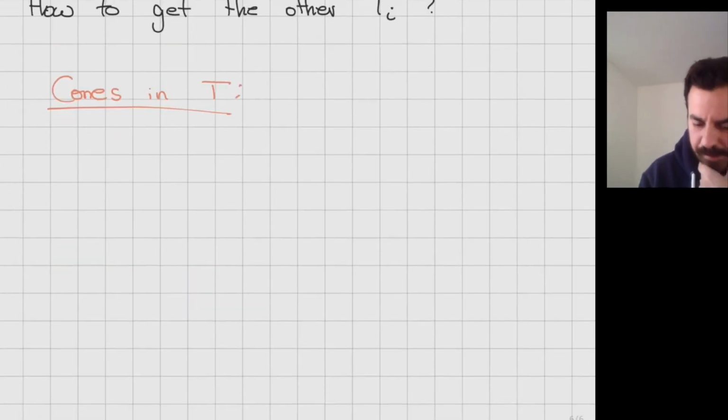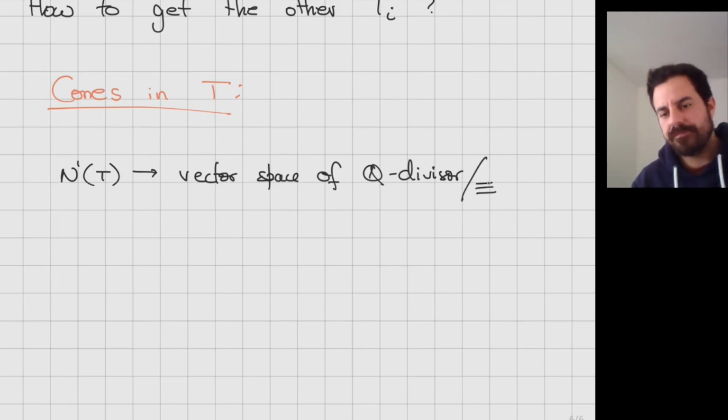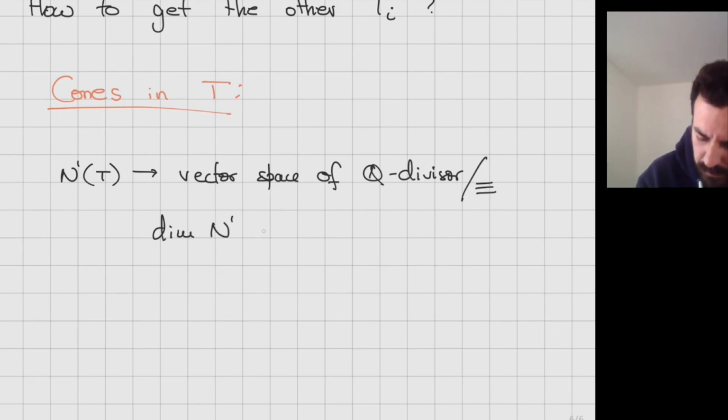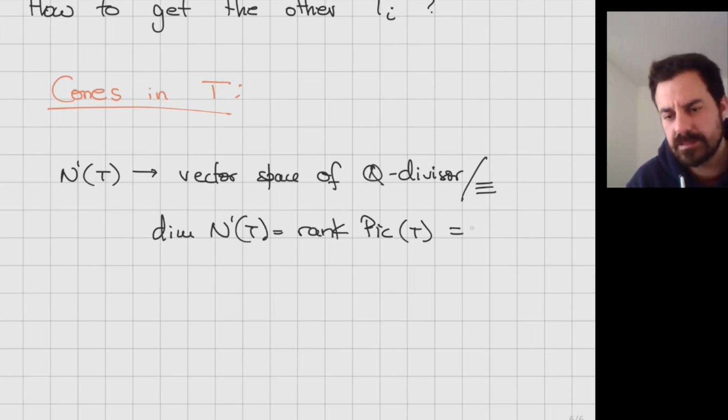There are several cones in T. Let me start with N1(T). This is a finite dimensional vector space of Q-divisors over numerical equivalence, and its dimension is equal to the rank of the Picard group of T, which in this case is 2.